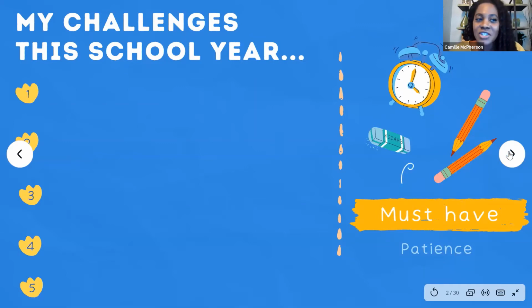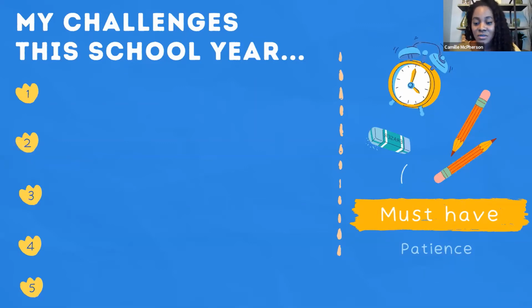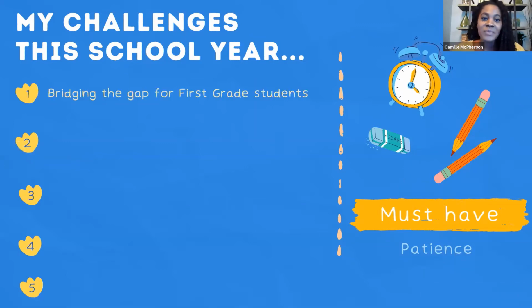So some of the challenges that I have had this year, I'm sure you guys have had a lot of them as well, is bridging the gap, especially for first grade students. As we all know, the school shut down and KG students really lost a huge chunk of the year. I taught KG2 last year, so I knew that the structures of schools were very different.